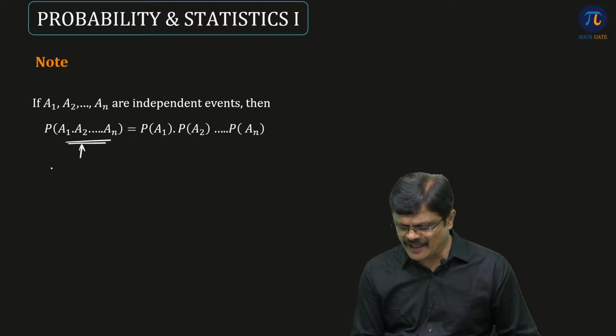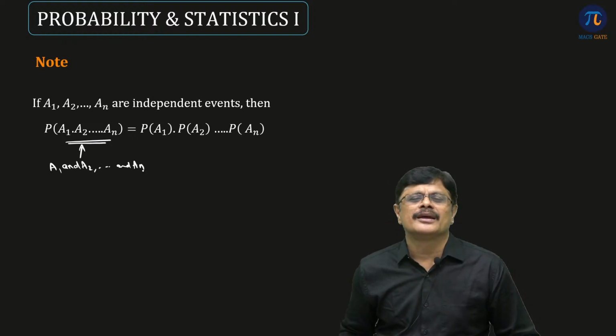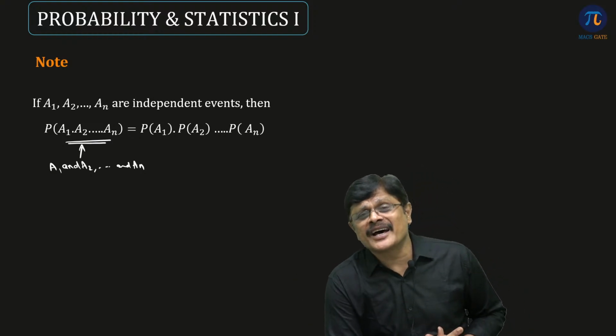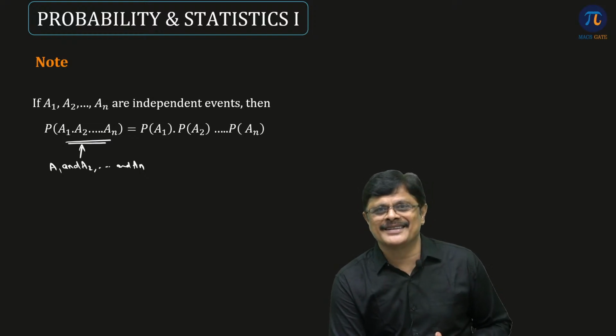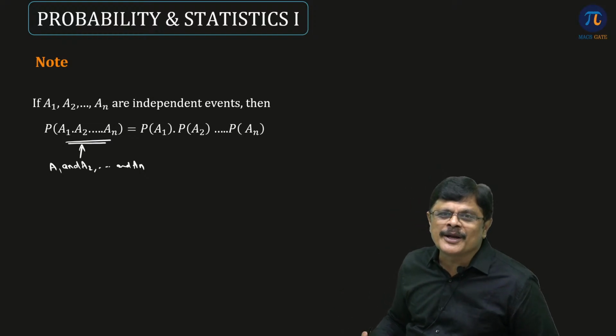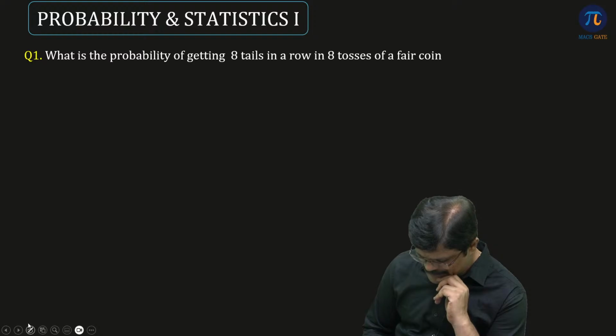That is simply probability of the product. Whenever the events are independent, probability of their intersection is product of their probabilities. Please note this point, my dear friends. Is the idea clear? Now look at this simple example.